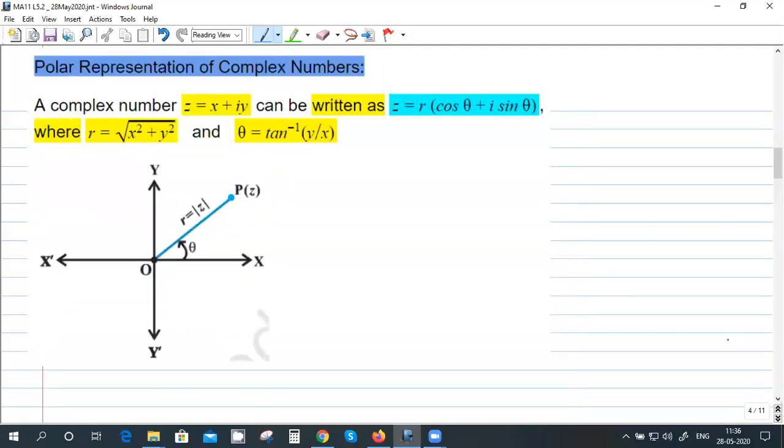So in a given xy plane, any point can be specified by two coordinates, x comma y. And I can also represent it another way. I can say the point is at a distance r from the origin, and the line is making an angle theta with the positive x-axis. So the point can also be represented by r comma theta.